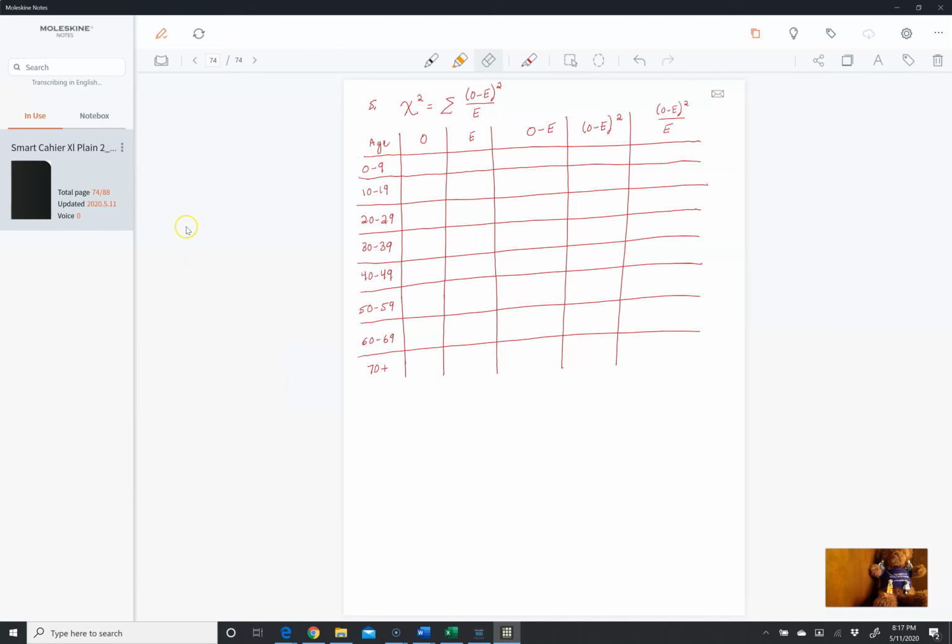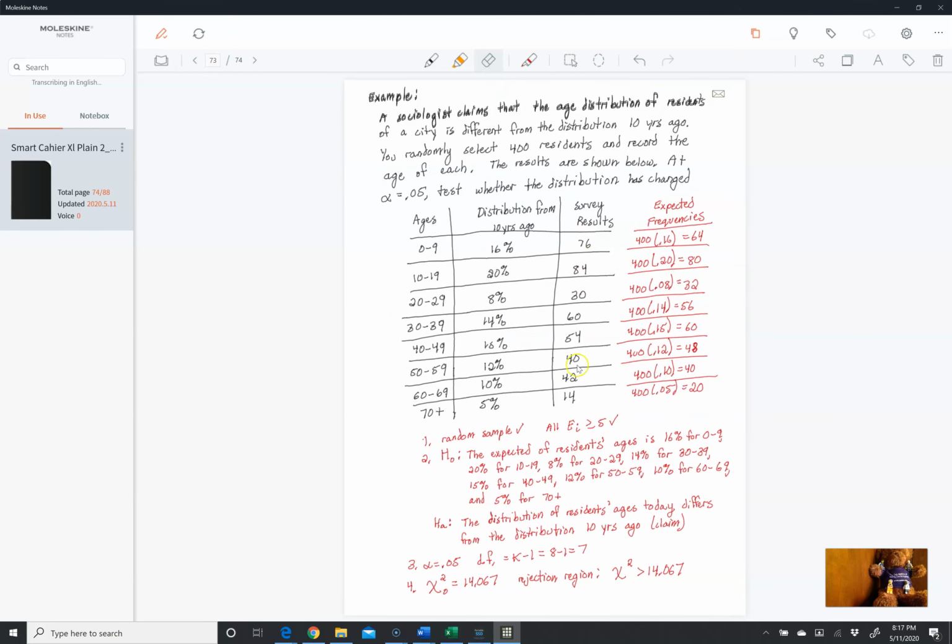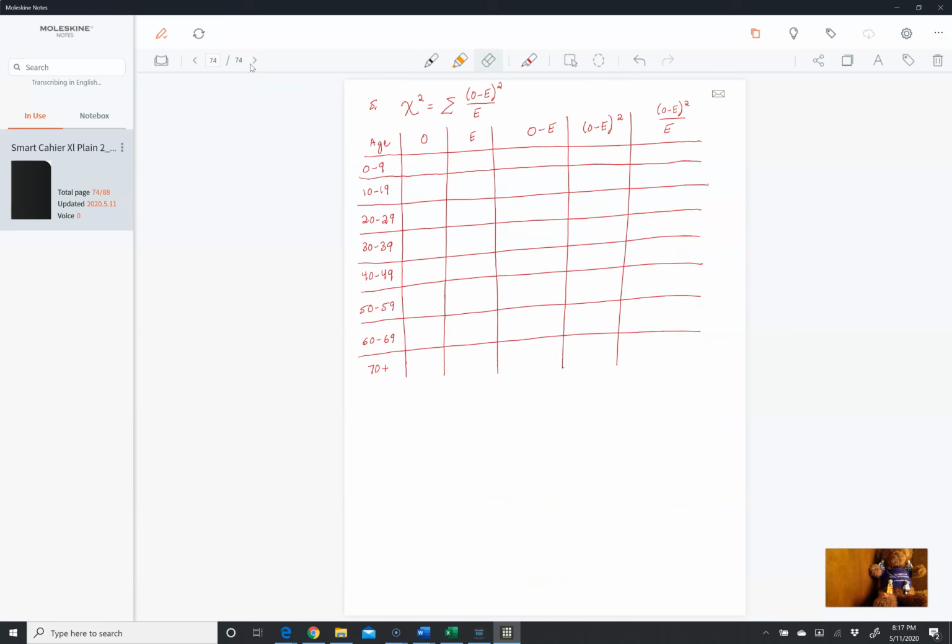So the O and the E come straight from this chart right here. Here's the O. The surveyed results are the O. And here's the E. The E is what we calculated. That's why originally we said the expected frequencies or the hypothesized frequencies are what we calculate. So if we just take from that chart, this was 76, 84, 30, 60, 54, 40, 42, and 14.